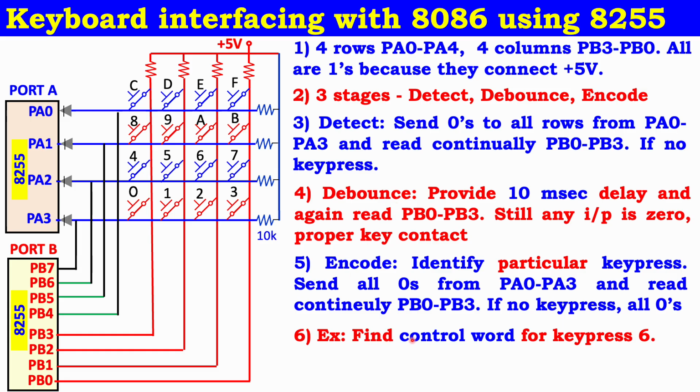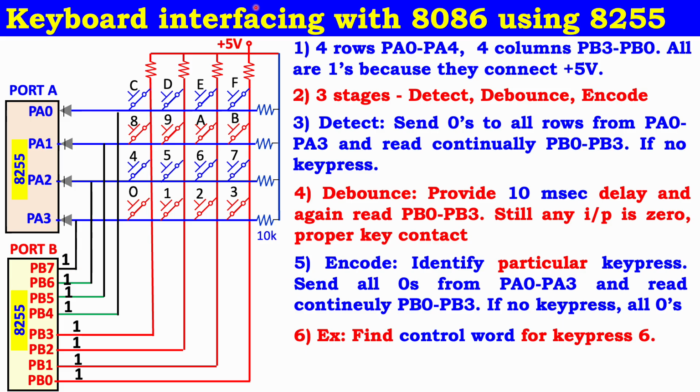What is the example now? We find the control word to identify the key press 6. This is our key press 6. When the key press happens here, what is our identification? Let us see what happened to the rows and to the columns. If you can identify the row and the column of that particular key press, that row's 1 becomes 0 and that column's 1 becomes 0.